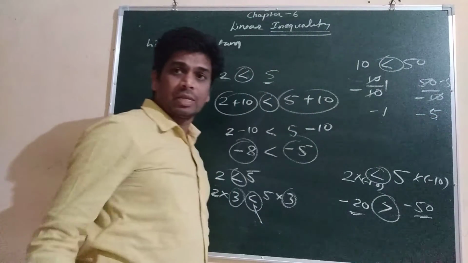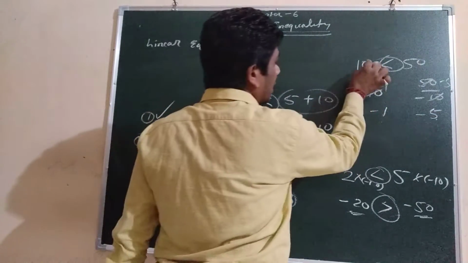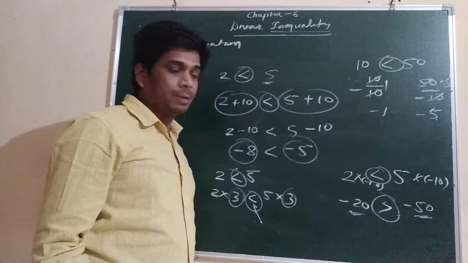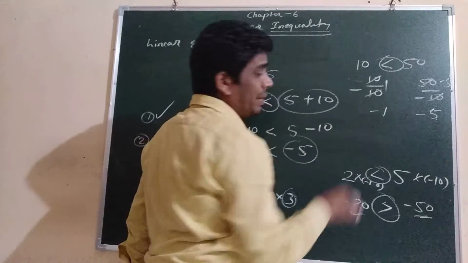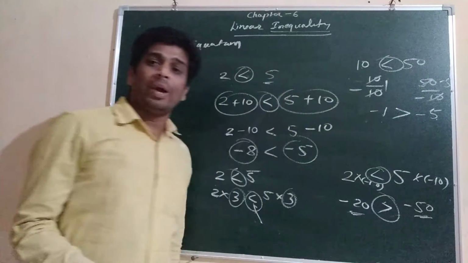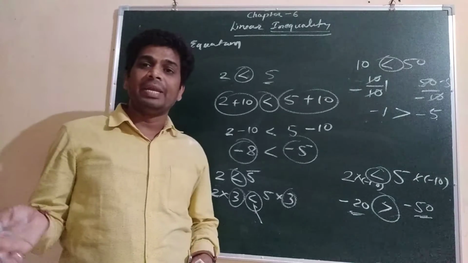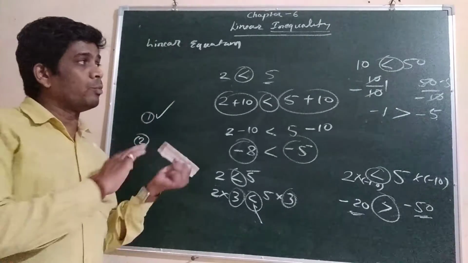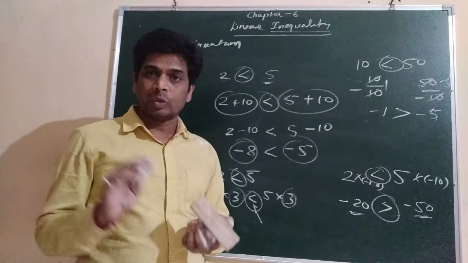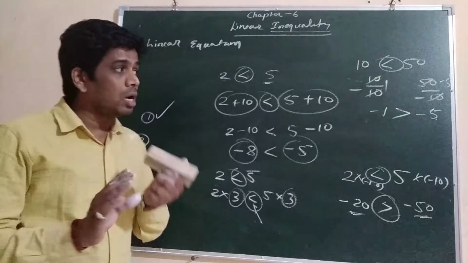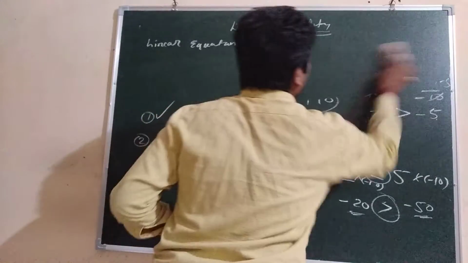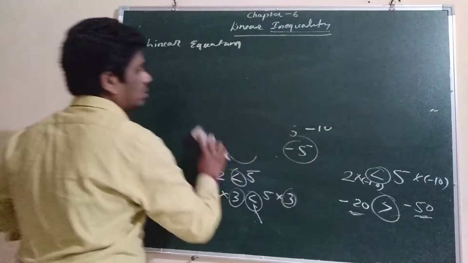Here 10 was less than 50, but when we divide by a negative value, it will be greater than minus 5. So whenever we multiply by a negative value on both sides, or divide by a negative value on both sides, the symbol will be reversed. Okay, let's start the exercise.